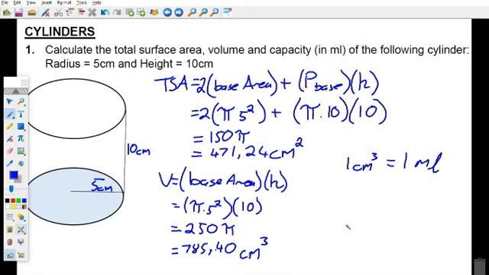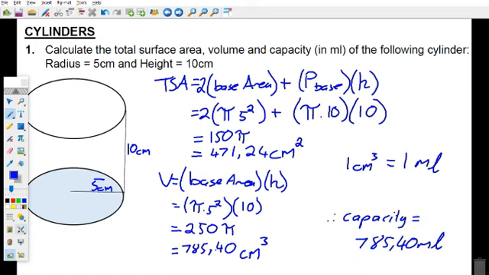Exactly, it's a 1-to-1. So we're going to say, therefore, my capacity is equal to 785.40 milliliters. All right. Okay, any questions about that one?